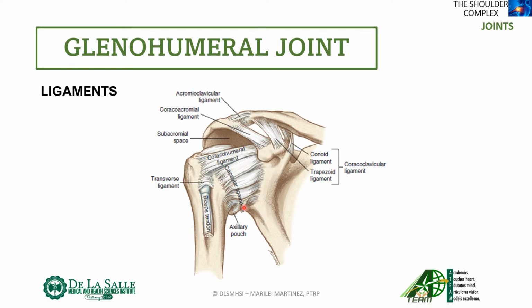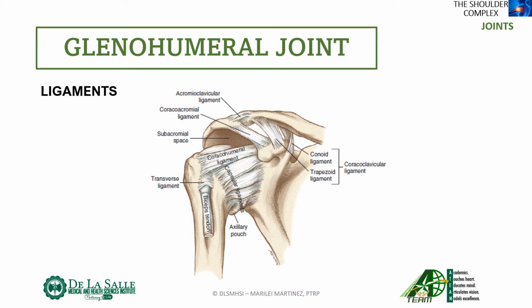For the anterior band of the inferior glenohumeral ligament, it becomes taut at 90 degrees shoulder abduction with extreme or full external rotation. Can you imagine why external rotation? Because when there is external rotation, the sliding of the humeral head is anteriorly and the roll is posteriorly.